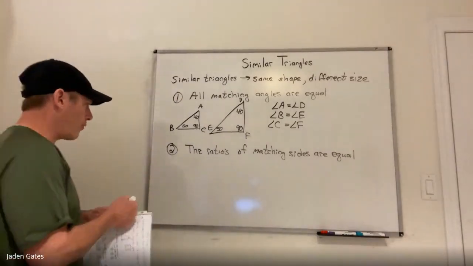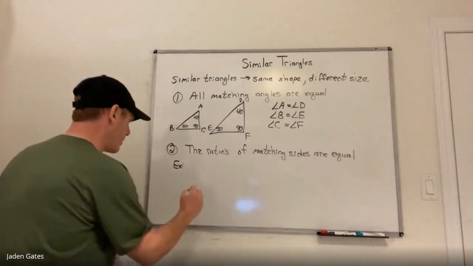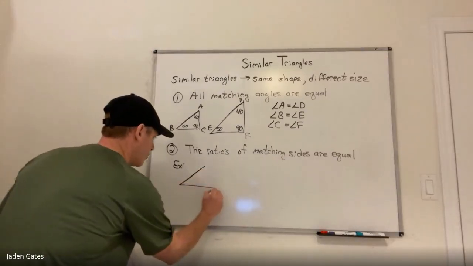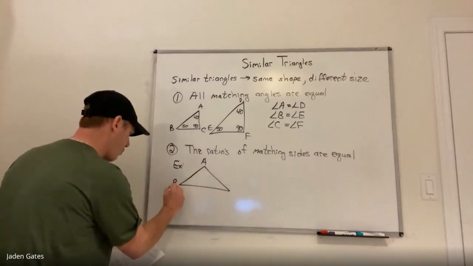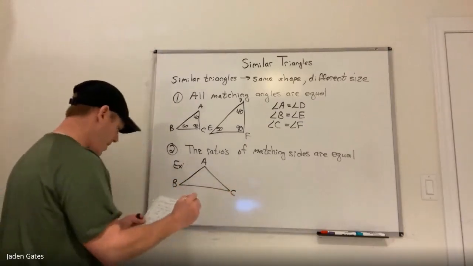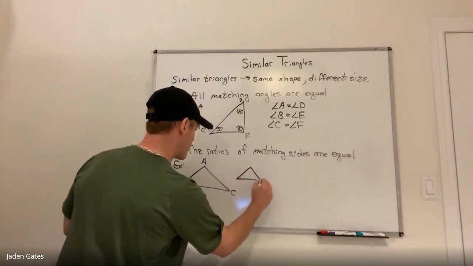All right, so for example, again, I'm going to draw a couple of triangles here. We have a triangle just like this, with corners A, B, and C. And then I've got a smaller triangle, again the same shape because they are similar.